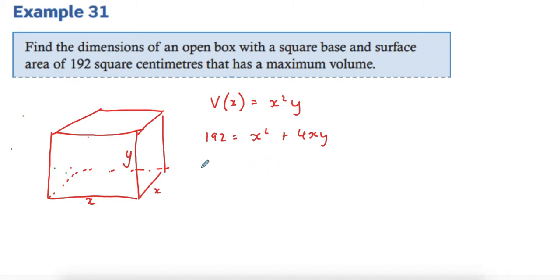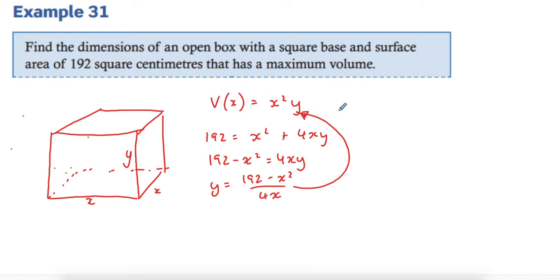So we start rearranging that now to get y on its own. So I've got 192 minus x squared equals 4xy, and then finally y is 192 minus x squared over 4x. And then I'm going to plug that back into here.